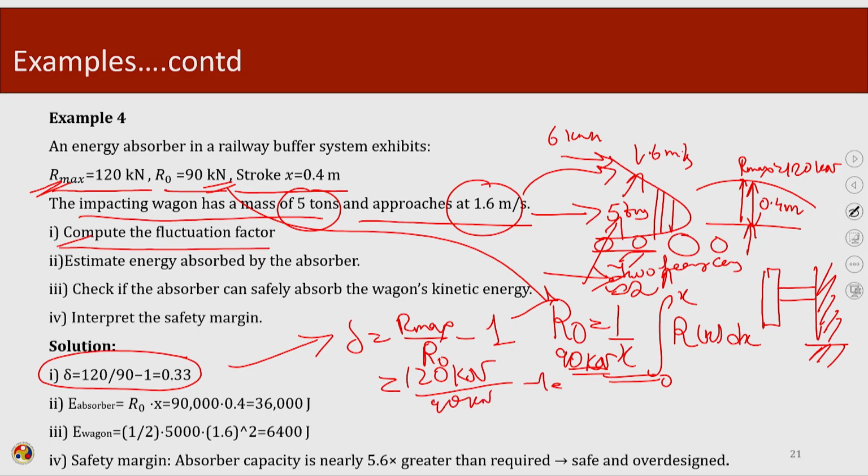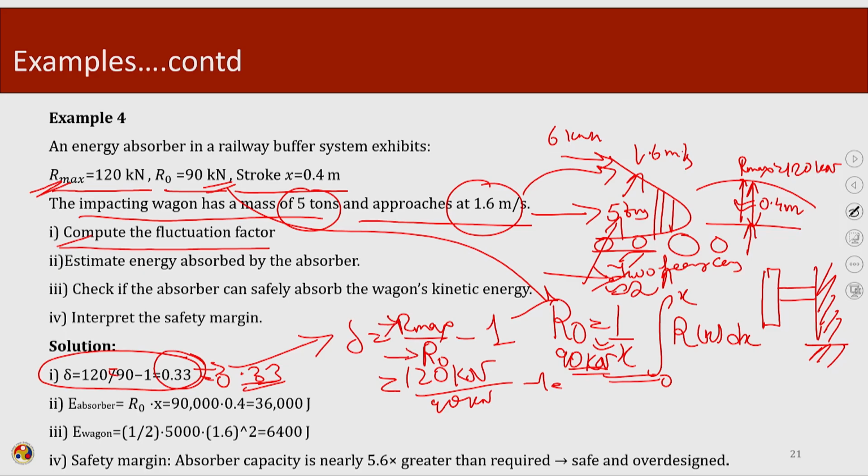So, it comes down to 0.33. This number gives a sense of the fluctuation between the maximum reaction force and the average reaction force. Let us say that the maximum reaction force and average reaction force are equal. It means that the fluctuation factor will be 0.